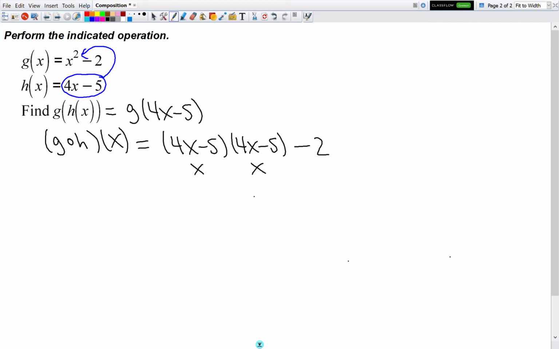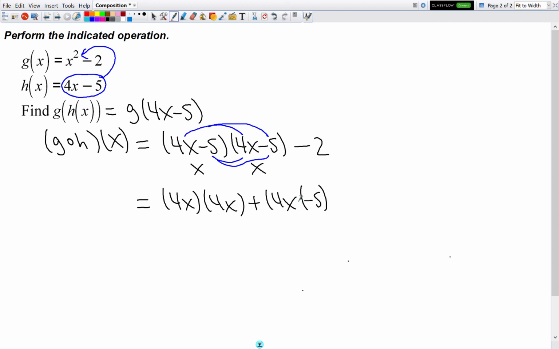Then we're just going to continue with FOILing. I hope you remember your FOILing. It's going to be 4x times these two things and negative 5 times these two things. So let's continue with this process. We get 4x times 4x, plus 4x times negative 5. Oops, forgot the parentheses.